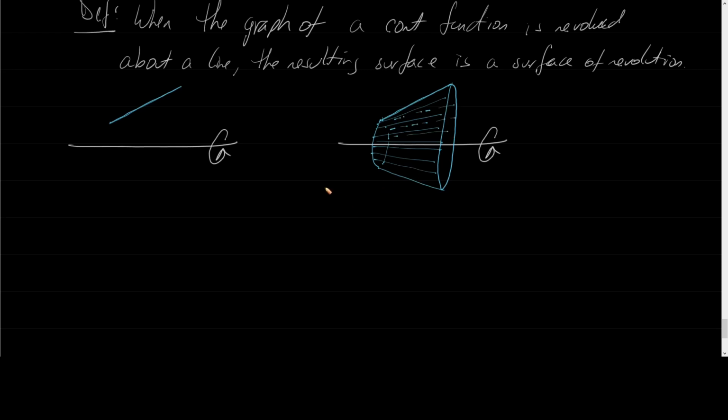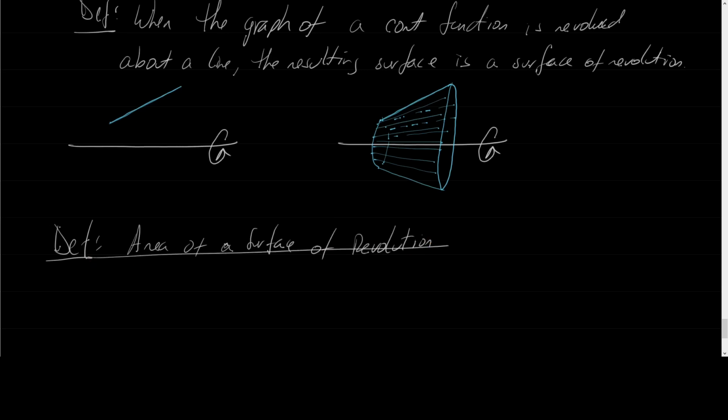So in here, let's get our formula. So the definition here for the area of a surface of revolution. Spelling is hard. All right, there we go.